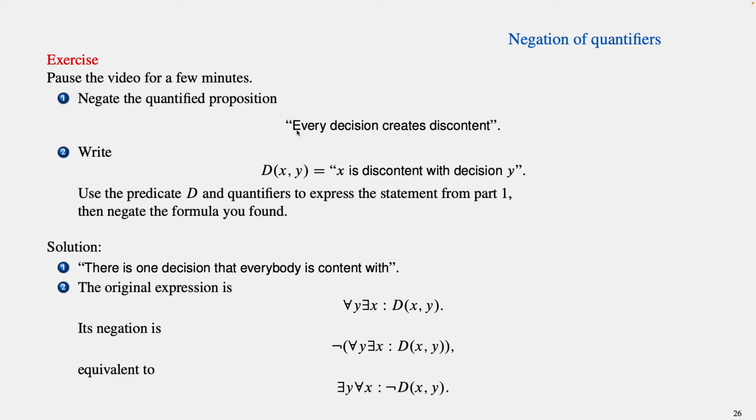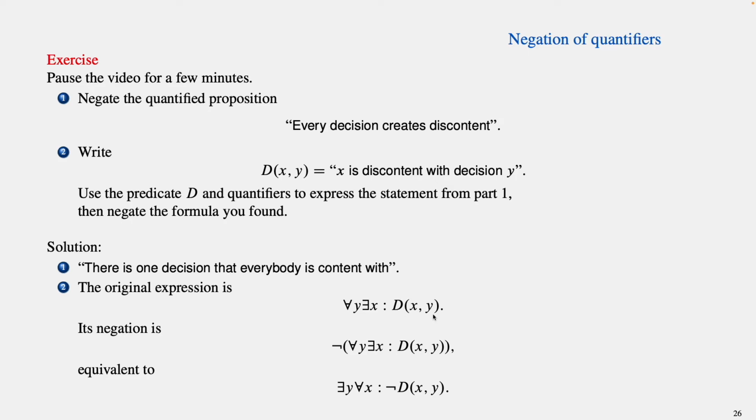Now, the original expression here can be formalized as: for all y, there exists x such that D(x,y). Okay, for all decisions y, there exists one person x such that x is discontent with y.